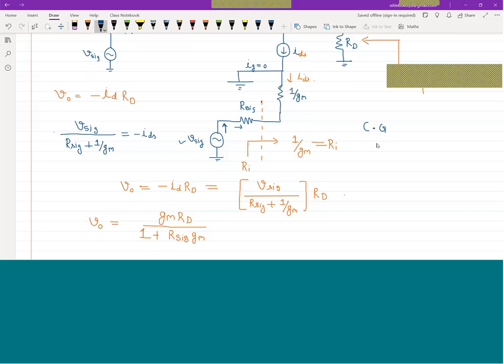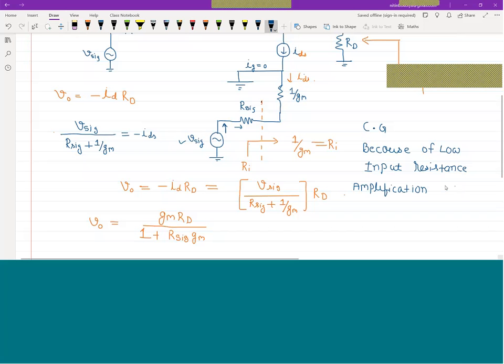The frequency response of common gate is better than the remaining two.